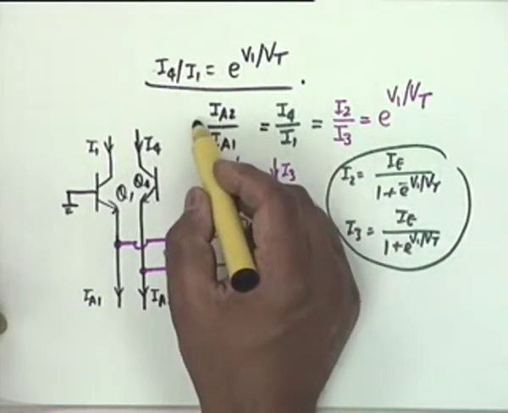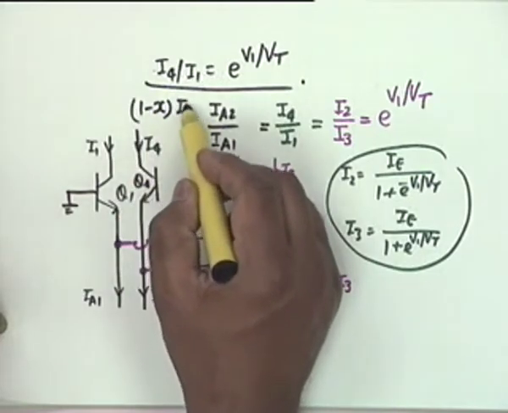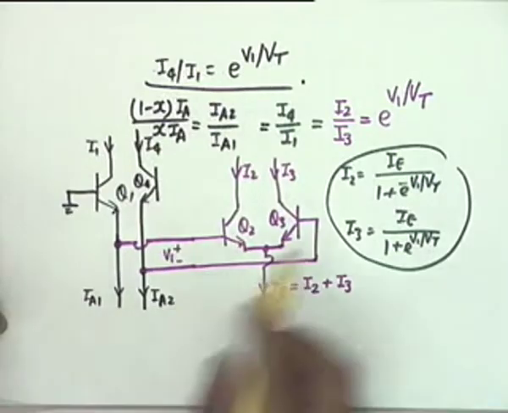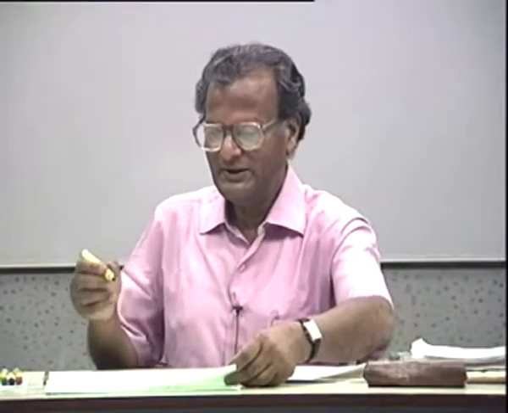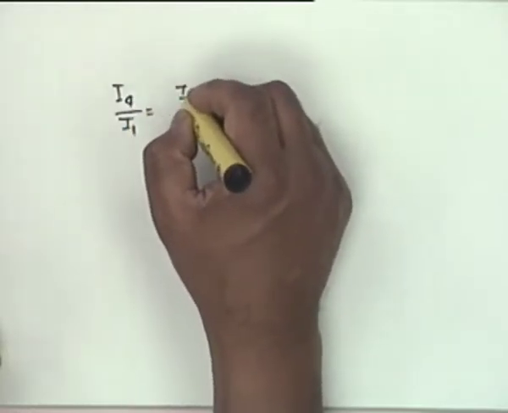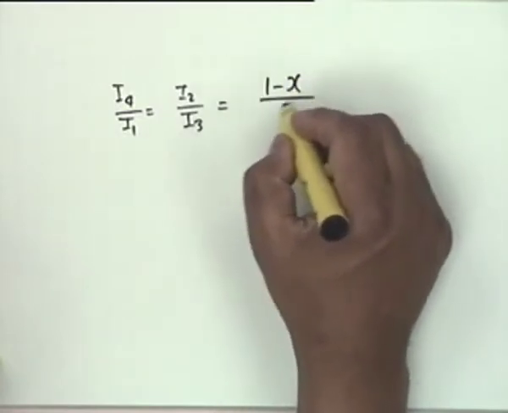Right? And what is IA2? 1 minus X IA divided by X IA. Now this has become too complicated. Let me reproduce the result here. I4 by I1 is equal to I2 by I3 equals 1 minus X divided by X.